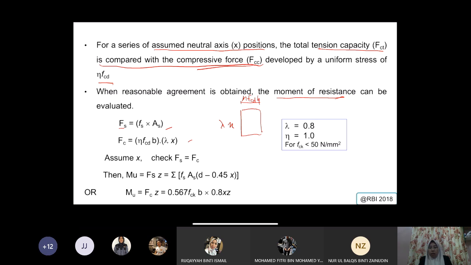Then you multiply these two as an area and you will get your Fc value. So assume x. How to assume your x is by checking Fs must equal Fc. Then your ultimate moment Mu is Fs multiplied with z, and also the ultimate moment is Fc multiplied with z. So you will get this equation.